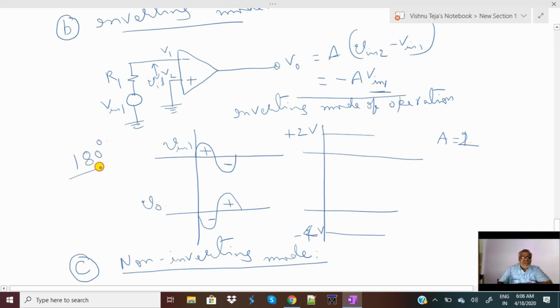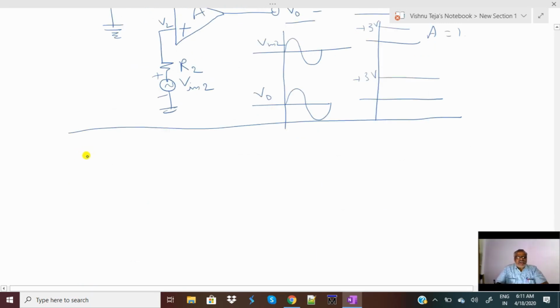If we operate the operational amplifier in its inverting mode, then you can obtain 180 degrees out of phase, so you can get a phase shift of 180 degrees. Remember this point. With this, we completed today's topics planned for this video.